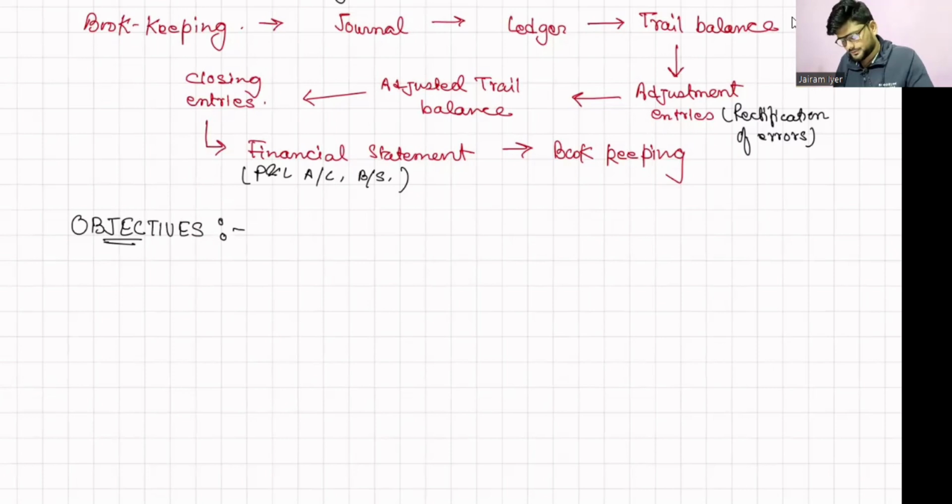Now the objectives. Help me out with the objectives of accounting. I hope you can help me right now. What will be the first? At least two, three you can help me. Sir, to know the profit and loss of the business.